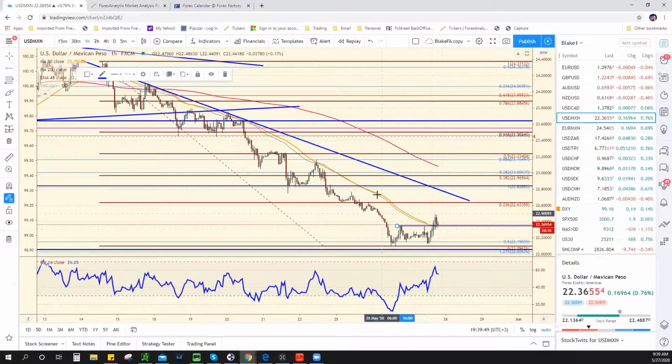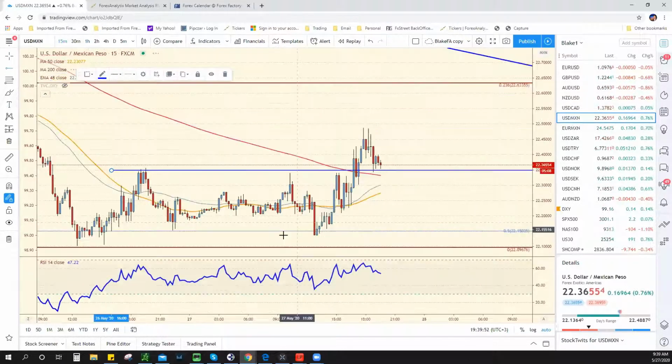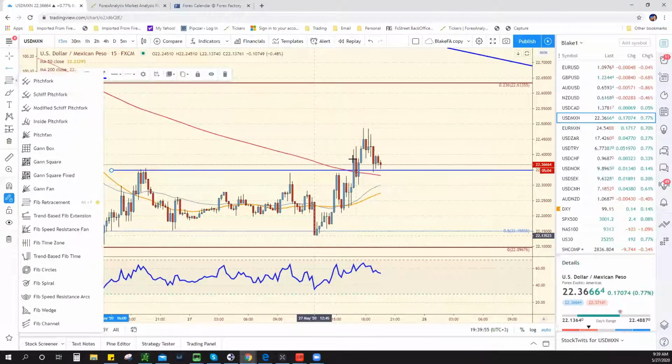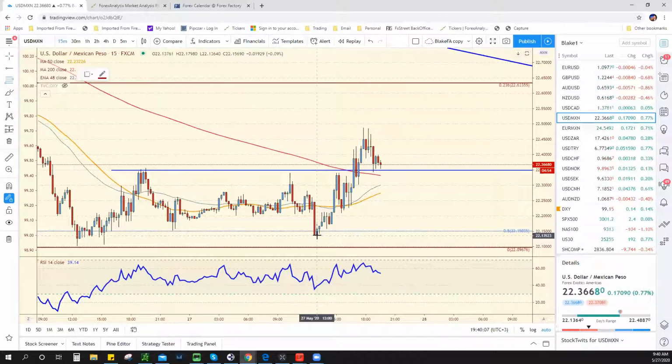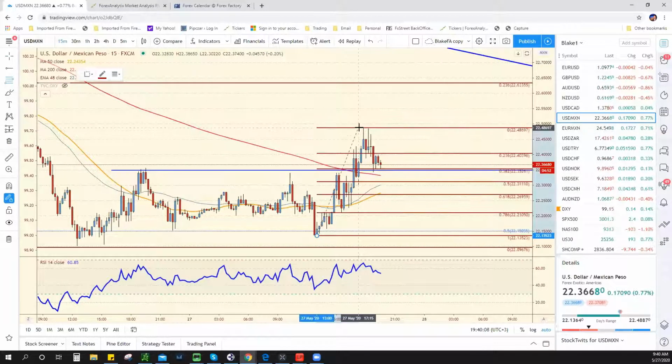And if you look at the intraday chart, your intraday 38% retracement comes in at, oops, that's not what I wanted to do. Let me delete that. The 50% retracement comes in at 31, and the 38% retracement comes in at 35.